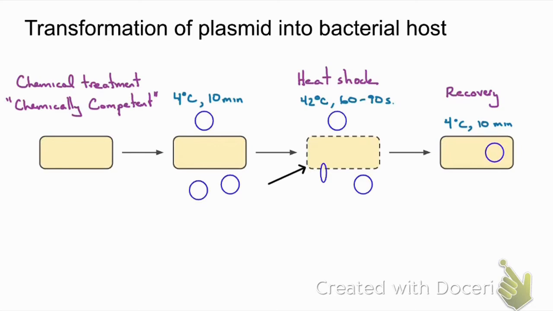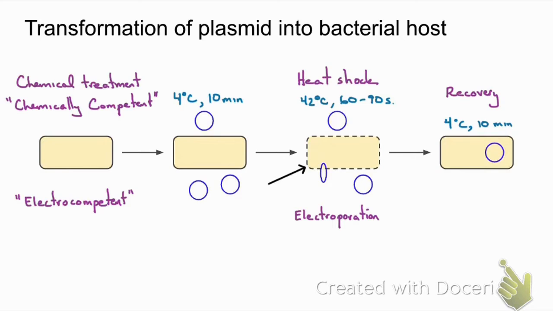Now, we can also transform E. coli and some other bacteria by another method, which is known as electroporation. In this case, we generate electrocompetent cells, which are treated with reagents like glycerol. We incubate them on ice with the plasmid, and then instead of a heat shock, we use a small dose of electricity through a process known as electroporation.